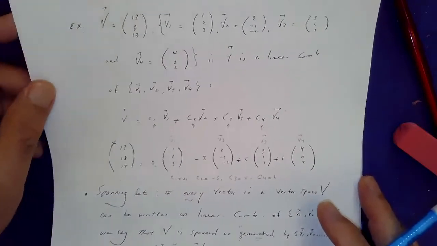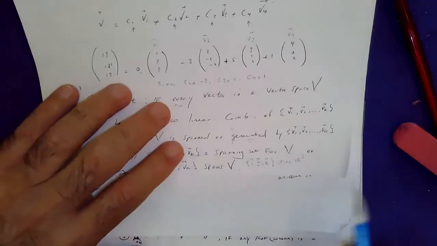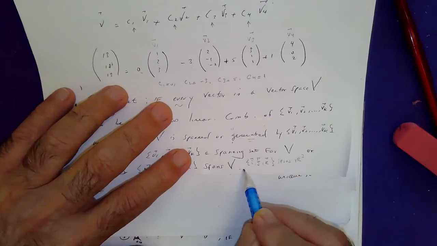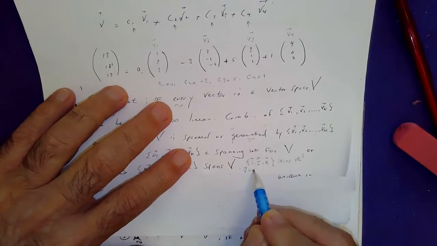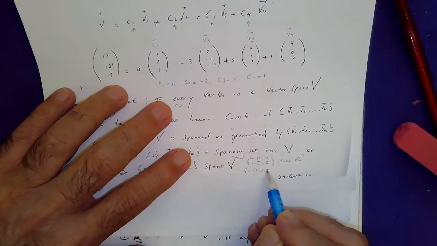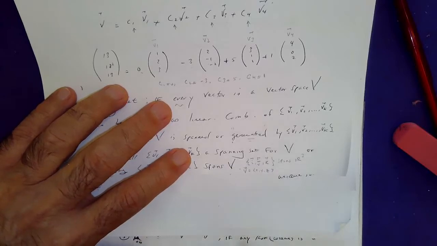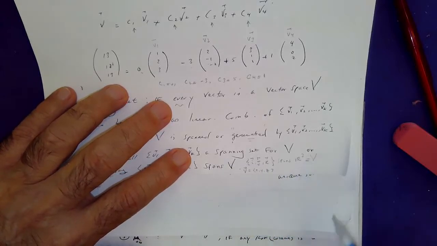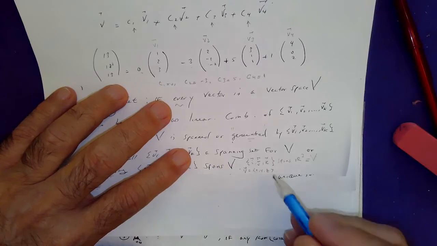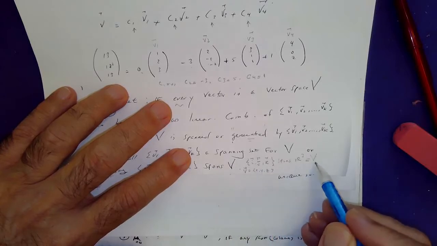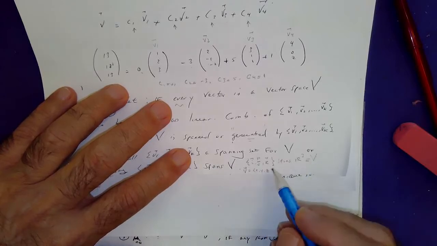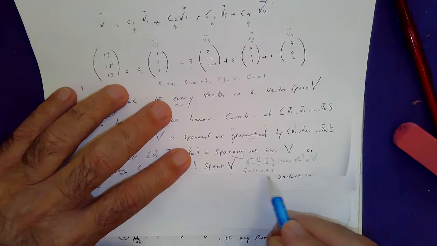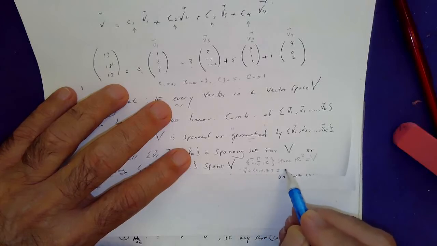Because if you give me a random vector in R3, let's say v, which is (x, y, z), the claim is these three vectors span R3. That means any random vector you select in R3, you can write it as C1 i plus C2 j plus C3 k.